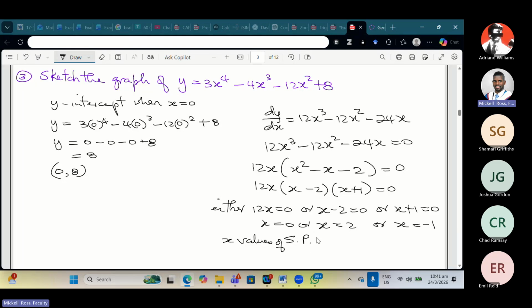So we know all our x values, so we need to find our y values. When x is 0, we already know we're going to get 0, 8. So we know that one already. The next thing that we need to do is to find out when x is 2 and when x is negative 1.